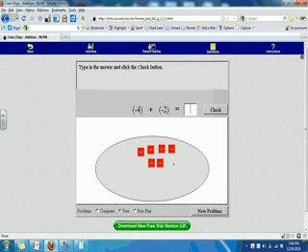I don't have any positives, which are opposites, to combine and give me 0. So none of these are going to disappear. So my answer is just 4 negatives and 2 more negatives, which gives me a total of 6 negatives. We want to check our answer, and great.